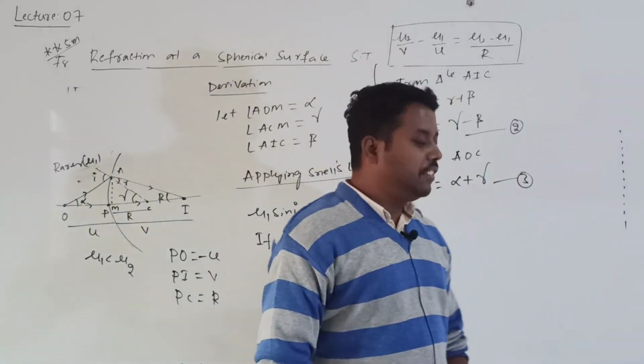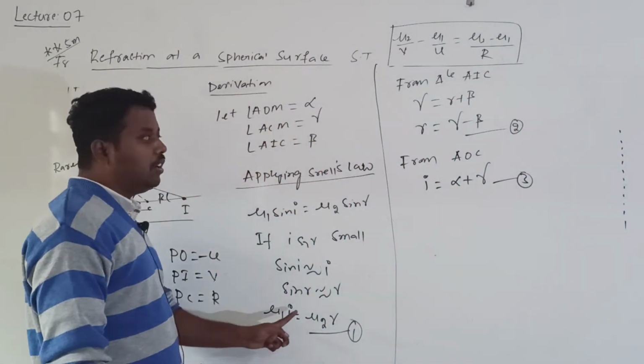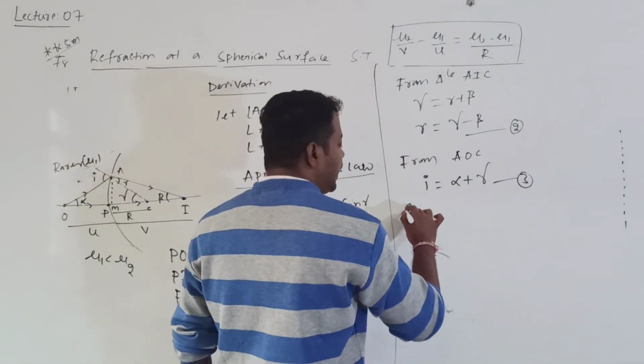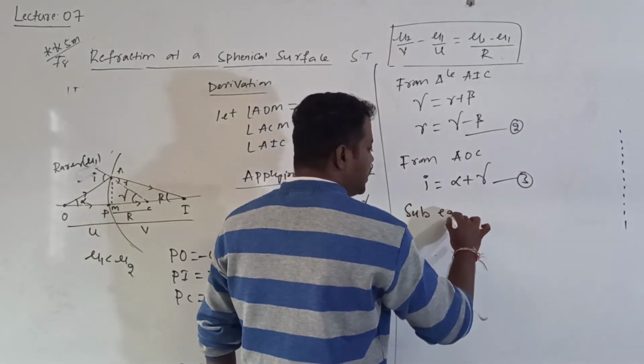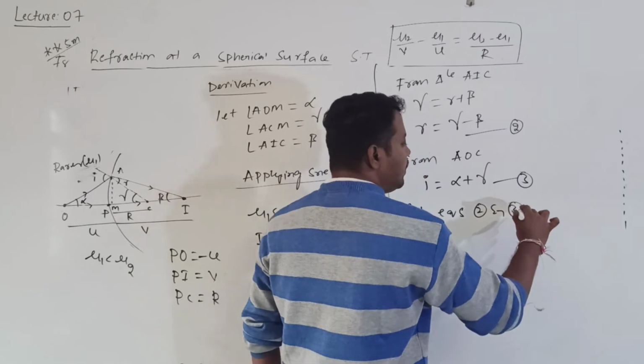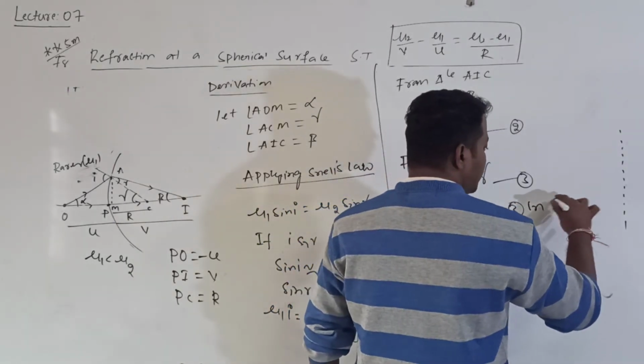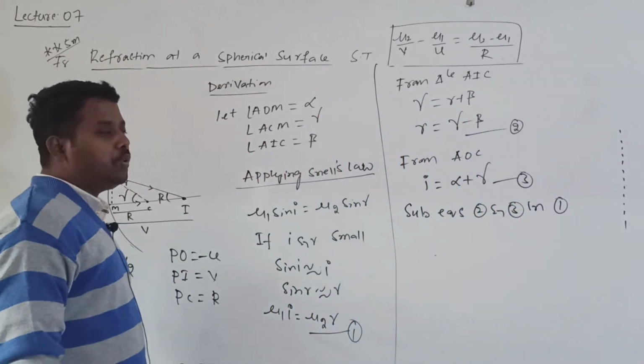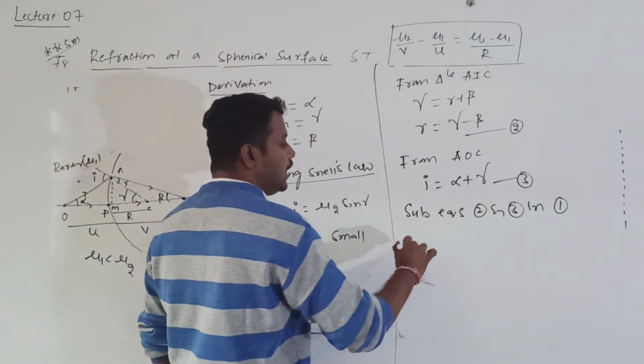Now in equation 1 we want the I value and R value. Substituting equations 2 and 3 in equation 1, what will I get?